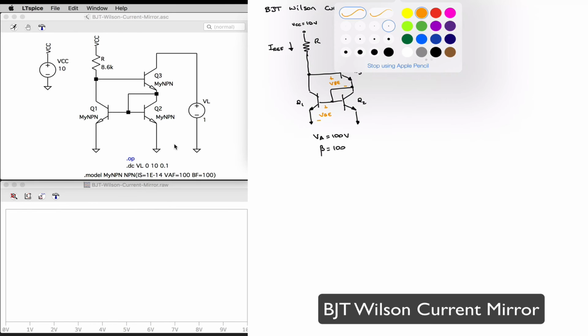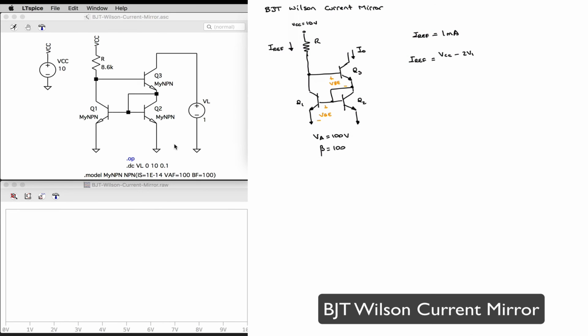So VCC minus 2 VBE is the voltage drop across resistor R, divided by R. And my R is then VCC minus 2 VBE divided by Iref, or 10 minus 1.4 divided by 1 milli, or 8.6 kilo ohms.